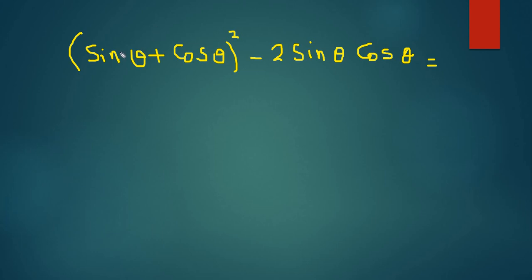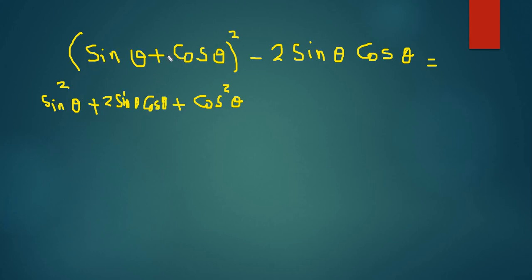Remove the bracket by multiplying directly: square the first term, sine power 2 theta; square the second term, cosine power 2 theta; put the same sign, first by second by 2 in the middle term, 2 sine theta cosine theta.